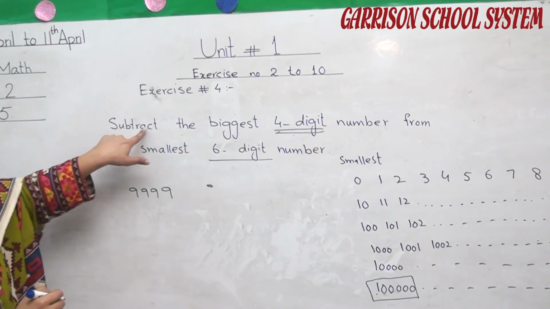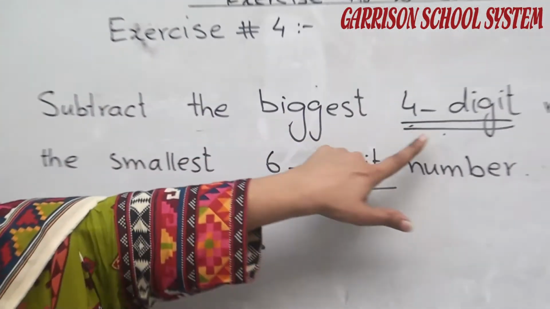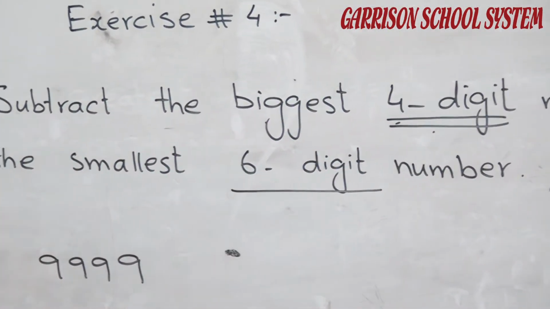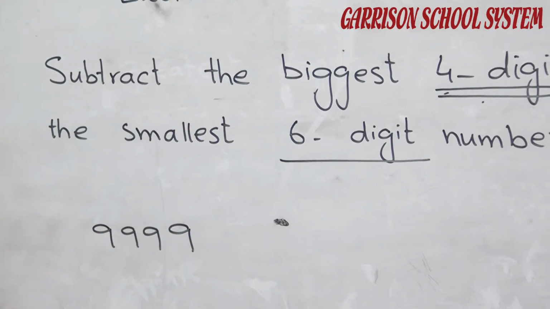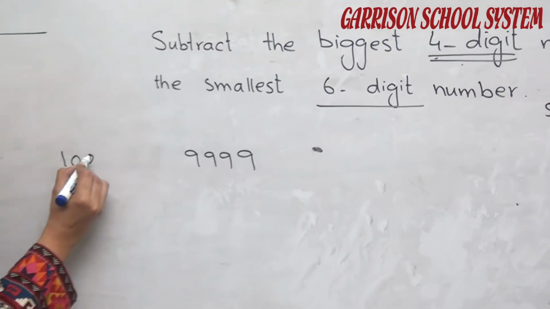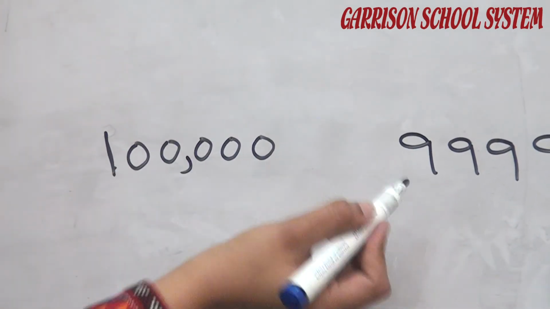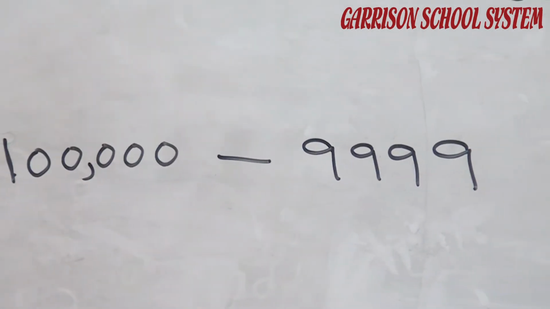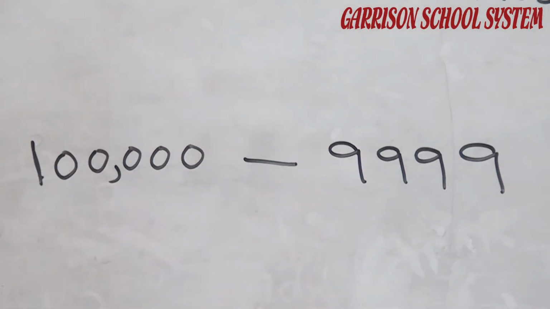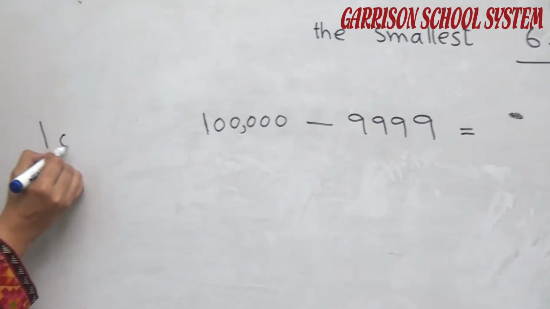Subtract the biggest 4-digit number from the smallest 6-digit number. The smallest 6-digit number is this, 100,000. We will subtract it. So how can we subtract? Let's start to subtract.